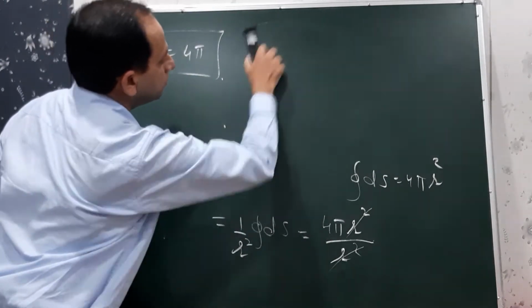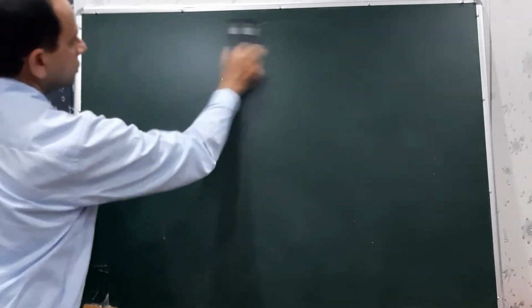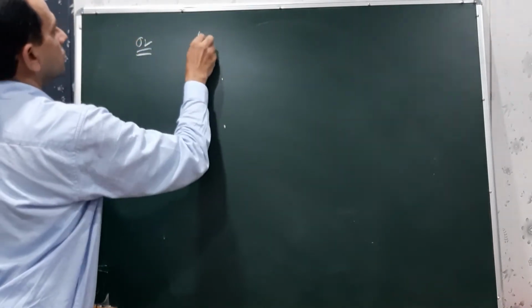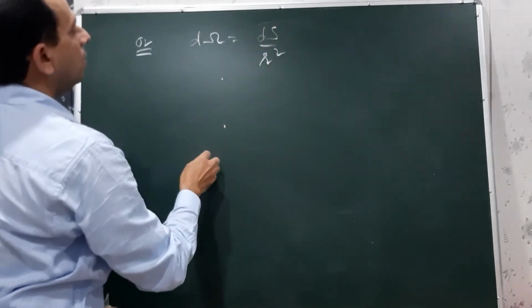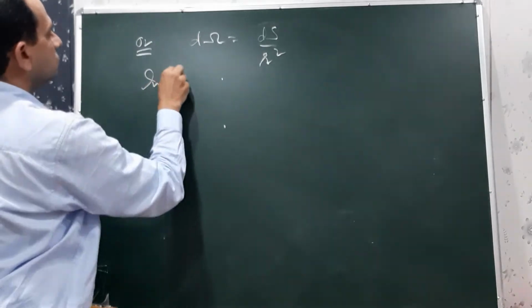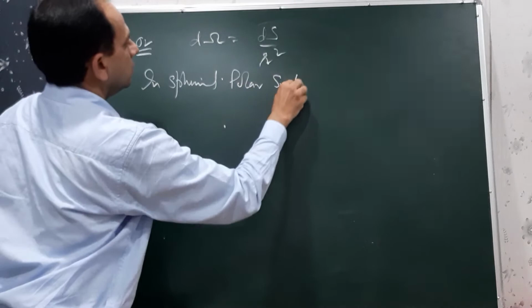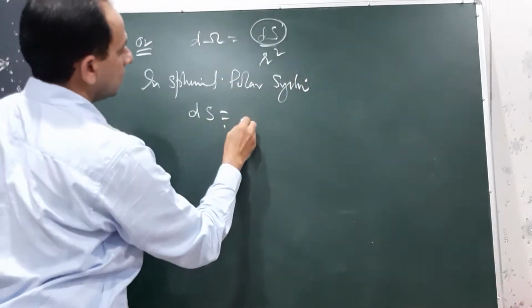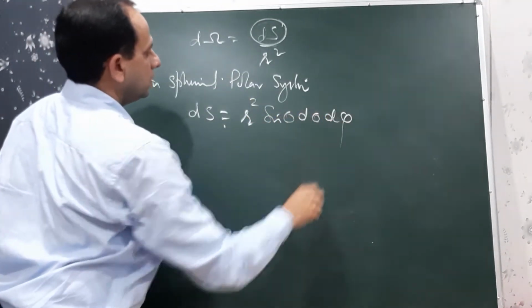We can also prove it by another method, that is by using the spherical polar coordinate system. This is the second method. We know d omega is ds by r square, and in the spherical polar system, ds is r square sin theta d theta d phi.